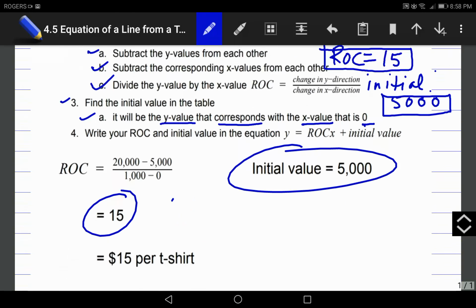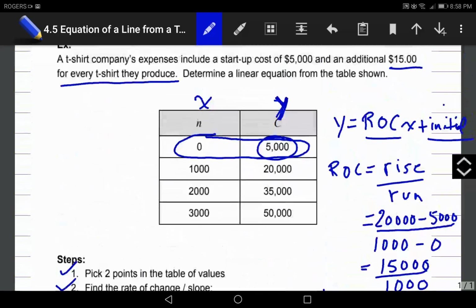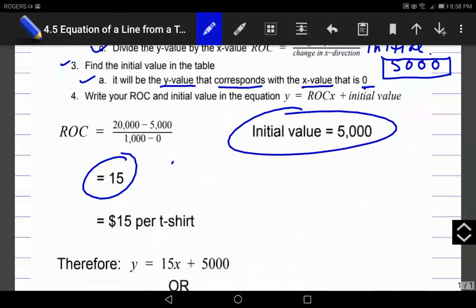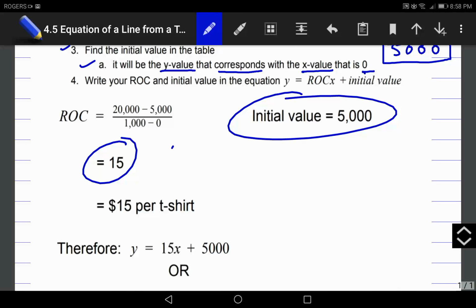That's already been given to me in the description above anyways. So our final equation is y equals 15 times x plus an initial value of 5,000.